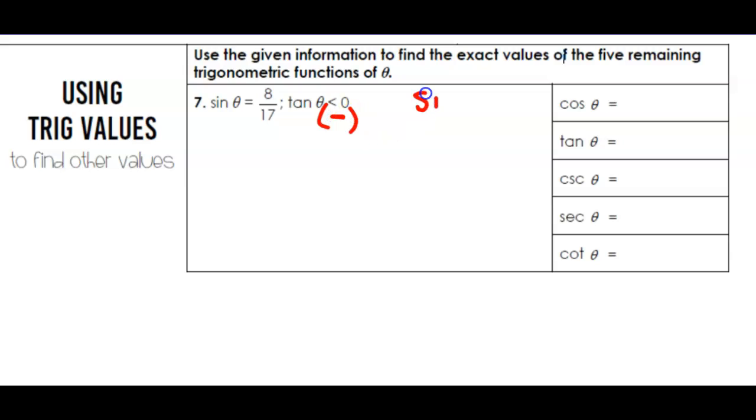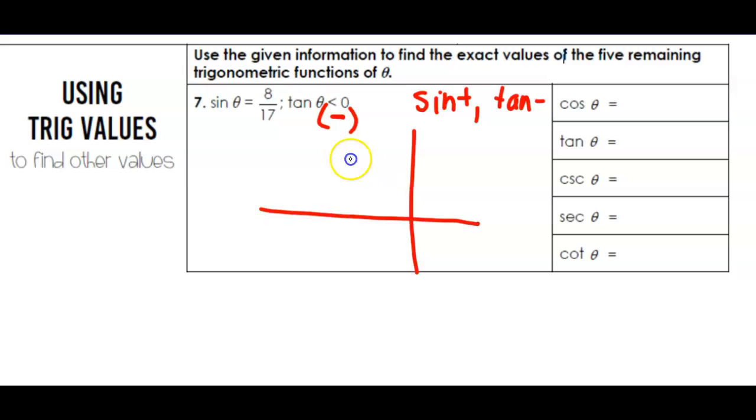So where is the sine positive and the tangent negative? All students, so that would be in quadrant 2. The sine is positive and the tangent is negative. So then we draw our bow tie triangle in quadrant 2 here.